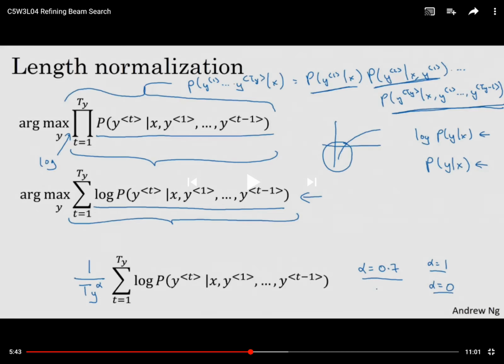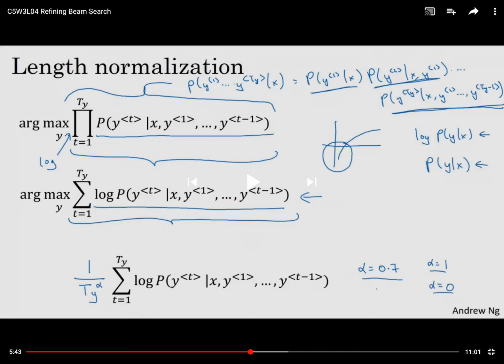Thus we just sum these log versions of our probability, and then we just take the average of it in terms of the sequence length. So in that case, we consider the average probability of a particular token, regardless of the sequence length of our generated sentences, right?